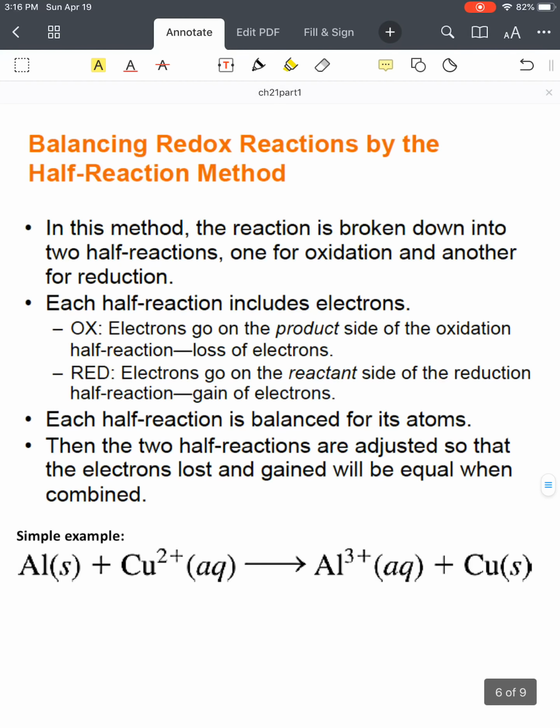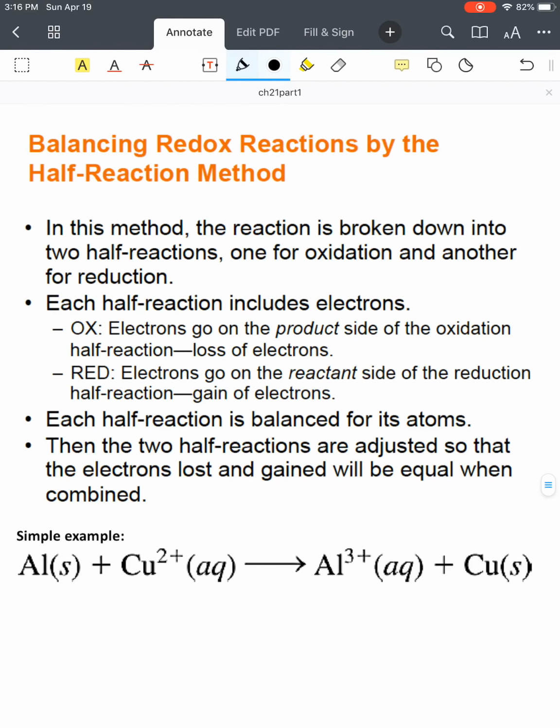All right, now what we'd really like to get into in this video is balancing redox reactions. We're going to use a method called the half reaction method to help us do this. So the reason why we spent so much time looking at these individual redox processes of oxidation and reduction, being able to identify them, is because ultimately we want to balance redox reactions, no matter how complicated they are.